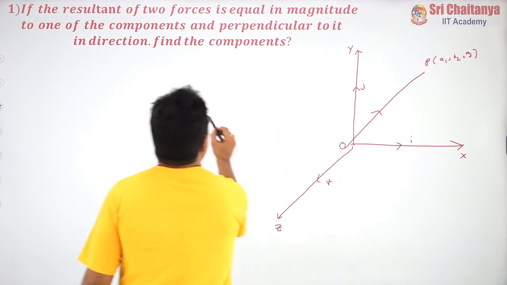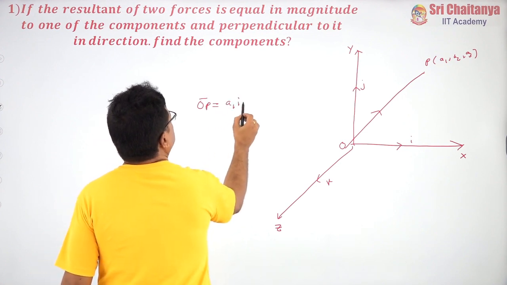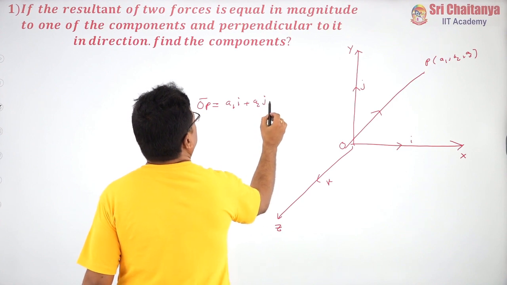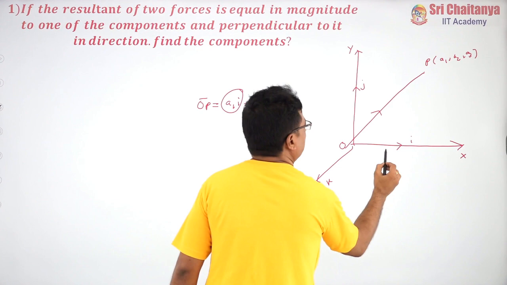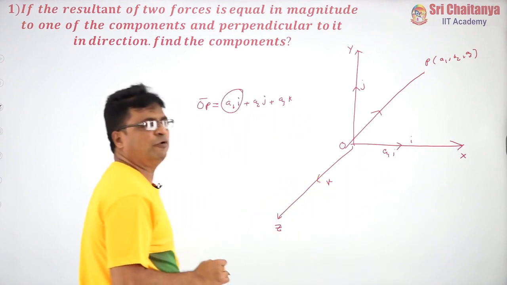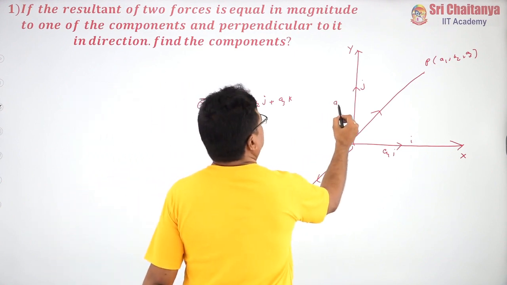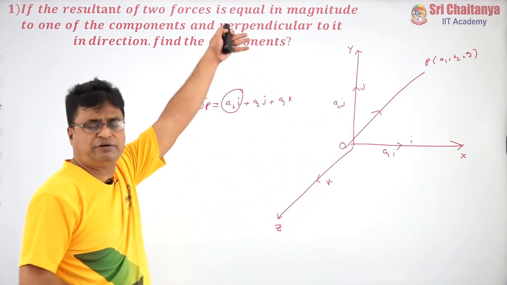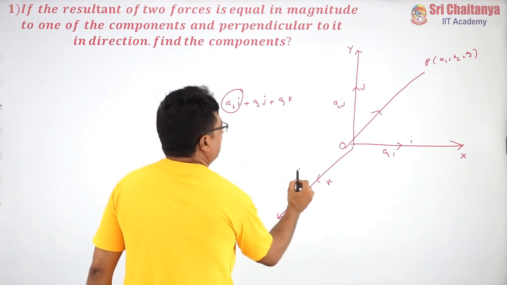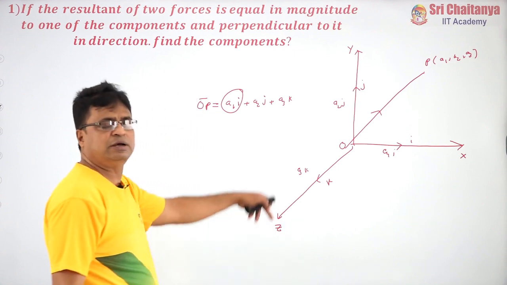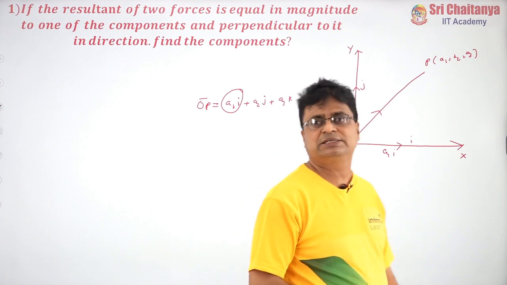Then OP bar is nothing but A1 i plus A2 j plus A3 k. Here A1 i is called the component vector of OP bar along the x axis, A2 j is the component of vector OP bar along the y axis, and A3 k is the component of vector OP bar along the z axis.